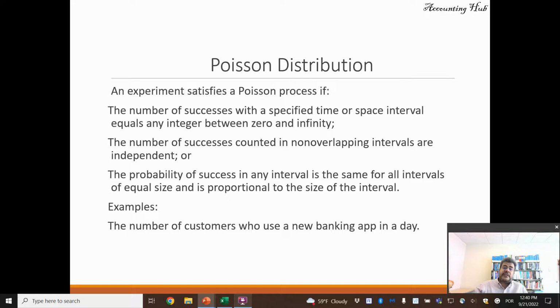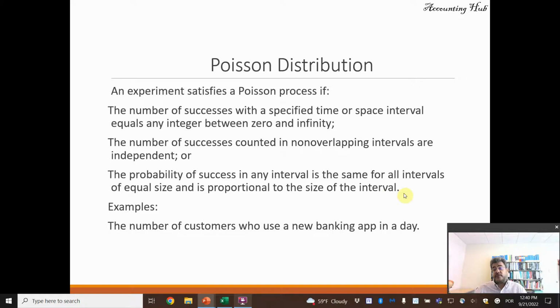The number of successes in non-overlapping intervals are independent. Just like if I go to a restaurant, it must be independent. And the probability of success in any interval is the same for all intervals of equal size. It is proportional to the size of the interval.